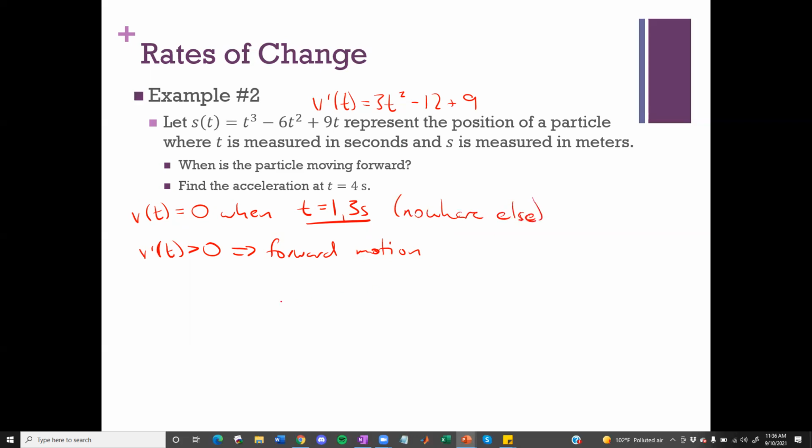The reason that's important is because I really only have to look at three intervals: between 1 and 3, from 3 to infinity, and what other interval? I'm glad someone said 0 to 1. Why is it 0 to 1?